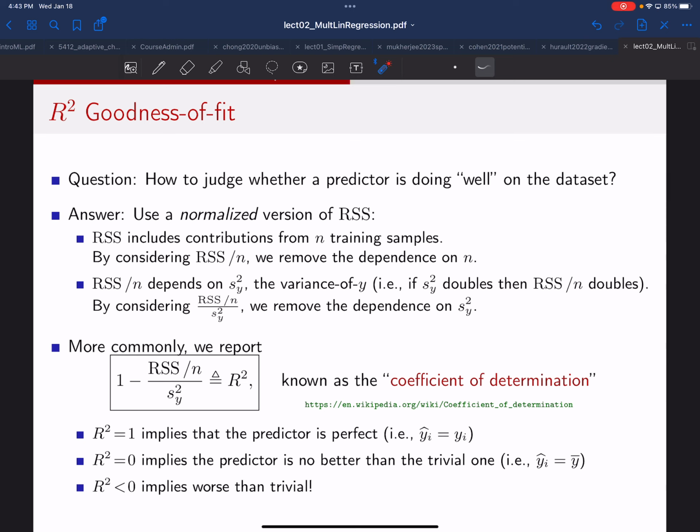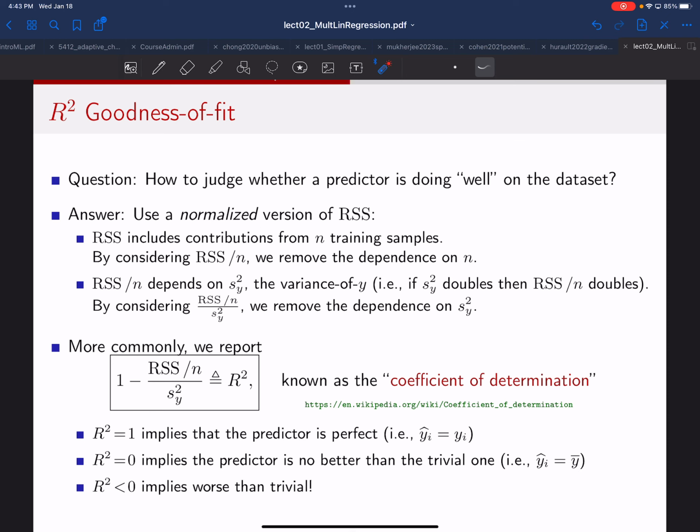As we talked about last time, when R squared equals 1, you can only get that if RSS is 0, which means you have perfect prediction. That's great, but it rarely happens. R squared equals 0, there's a couple ways to think about that. One way is that if you're using this least squares framework, you should never get anything less than 0. If you do, there must be a mistake somewhere in your code.